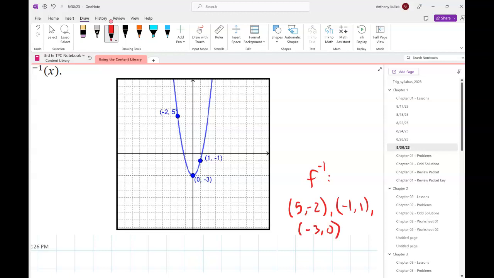So I'm going to go ahead and plot those. There's (-3, 0), there's (-1, 1), and there's (5, -2). Now, I know that the vertex in f should still be the vertex in f inverse. So that kind of tells me how to draw this.